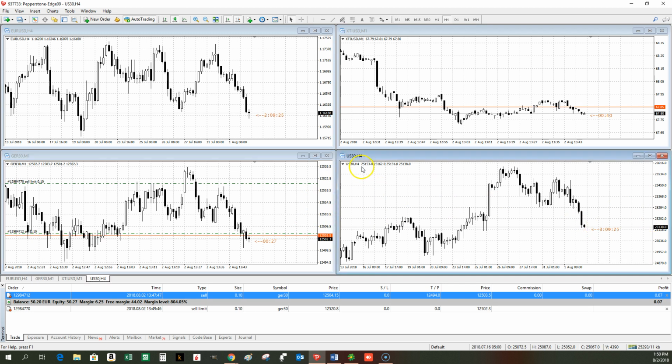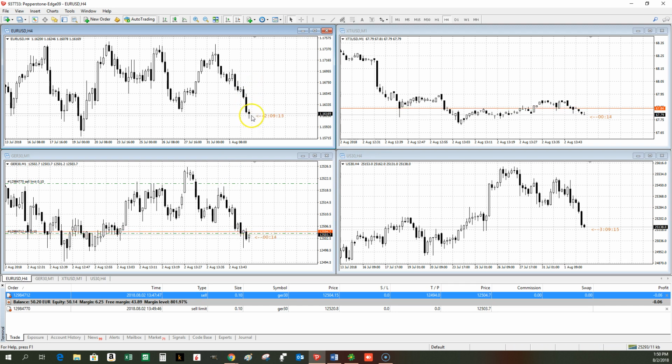Okay, the Dow Jones is going down as well, and the euro dollar is going down, but not much. Euro dollar is going down as well.